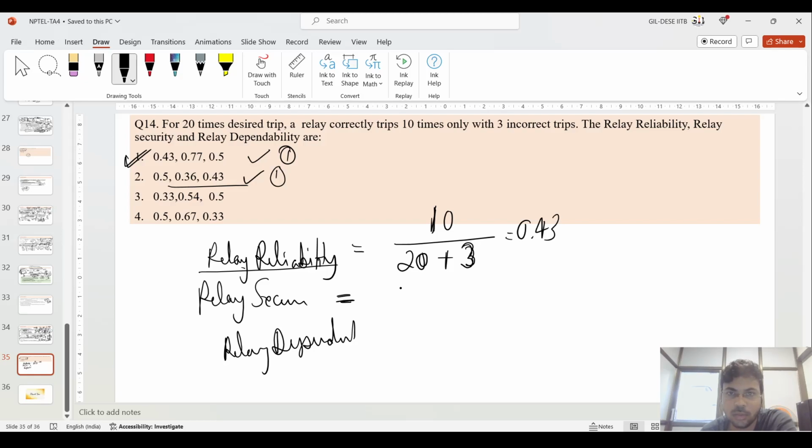And coming to relay security, you can sense that it is the number of correct trips and incorrect trips, over the total number of trips.